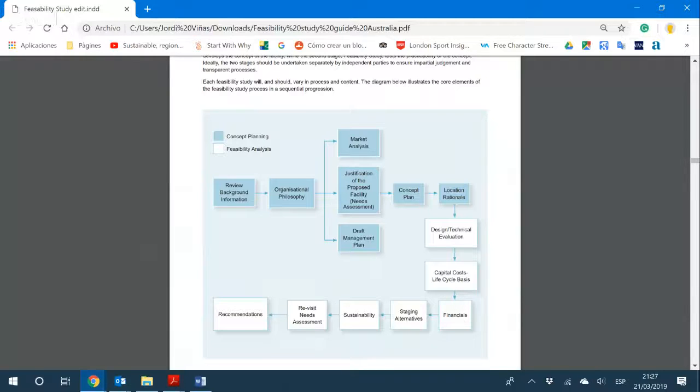It is interesting to see the links between the concept planning and the feasibility analysis, and the difference between investment and management. And again, sometimes we identify these two things completely separately.